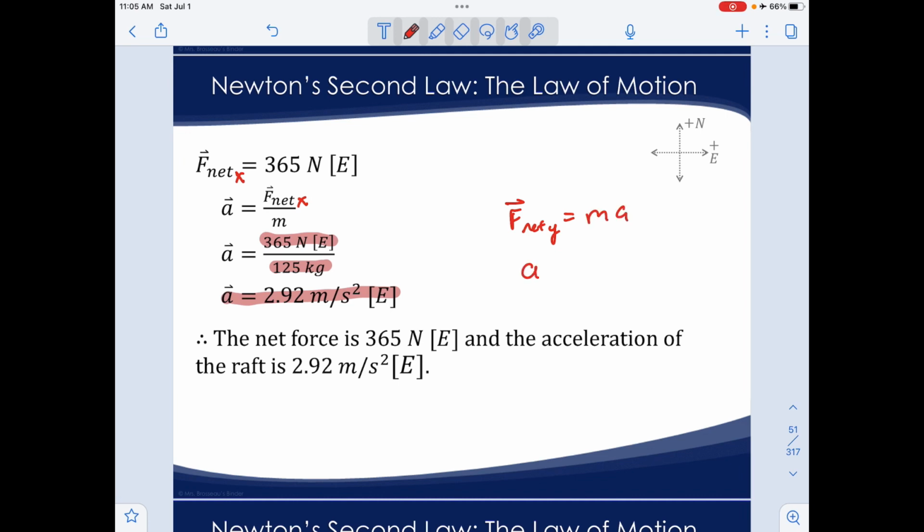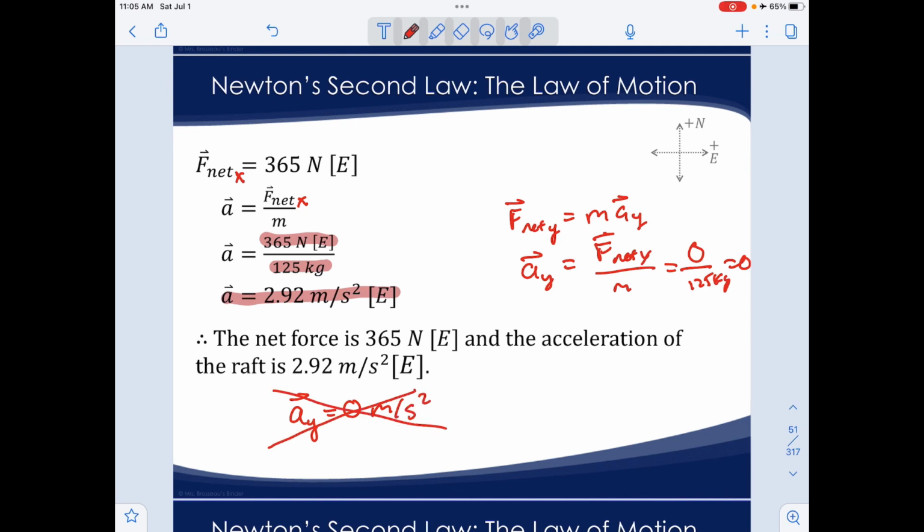The acceleration in the y direction is going to be F net y divided by mass. What is the net force in the y direction? It's 0. Divided by 125 kilograms is still 0. So the acceleration in the y direction is 0. Since it's 0 and they didn't mention it, it isn't significant, so we can just say that the acceleration of the raft is 2.92 meters per second squared east.